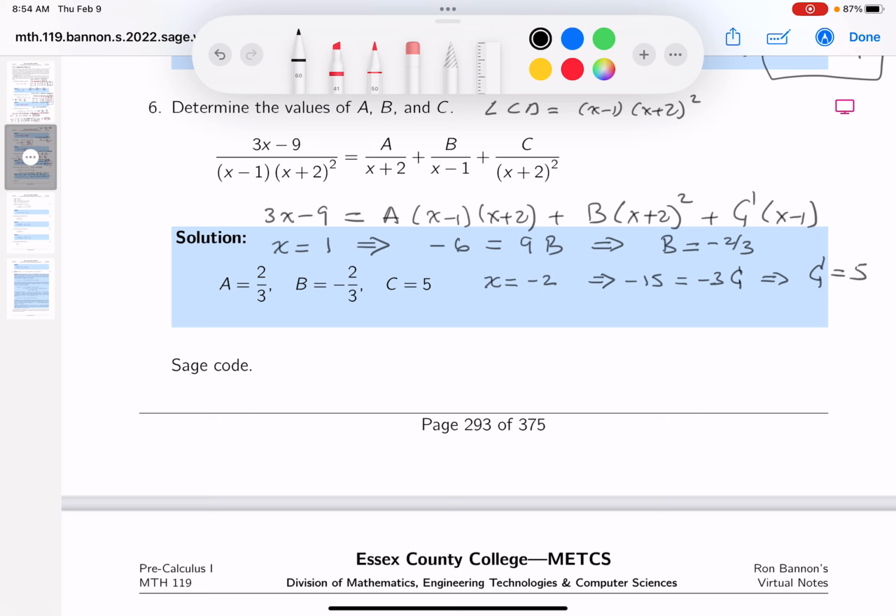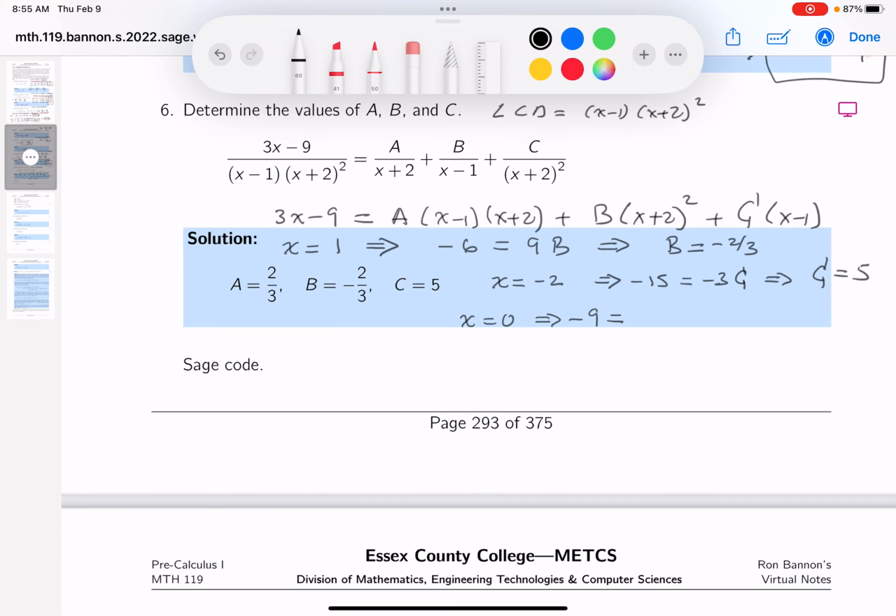Now someone says, how are you going to get the value for A? I'll pick another number. I've kind of exhausted the really simple ones, picking 1 and minus 2. I'm going to pick x to be 0 now. It's a simple number. What do you get? On the left side, you get minus 9. On the right side, if I chose 0, I would get minus 1 times 2, which is minus 2A.